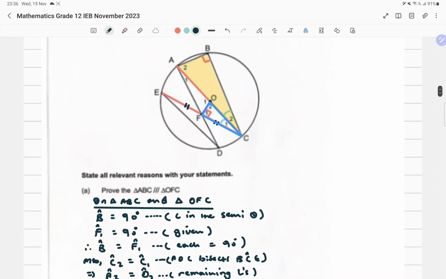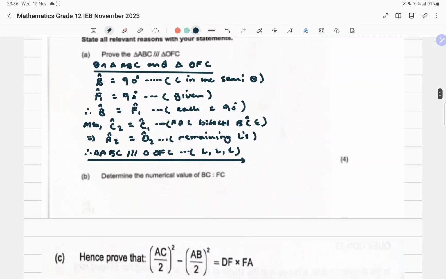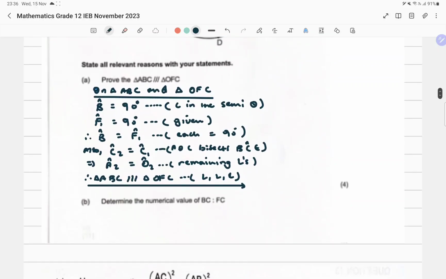Okay, let's go on. Next question. So easy 4 marks here. Where do we get this one? From identifying that angle is 90 degrees. This one was given, not a big deal. And then noticing that those angles are going to be equal, and knowing that these remaining angles are going to be equal. And the last reason with its statement gives us those 4 marks.